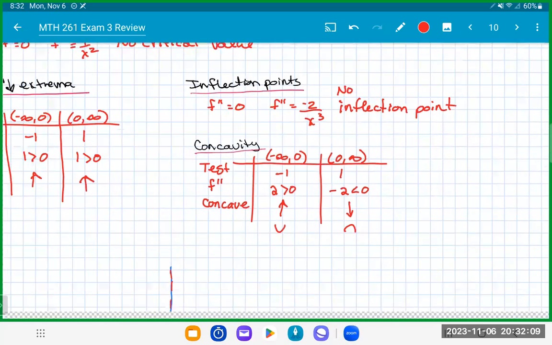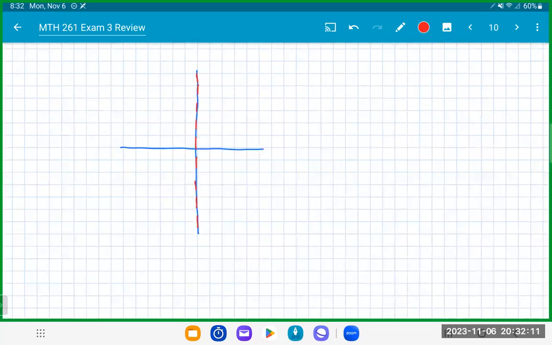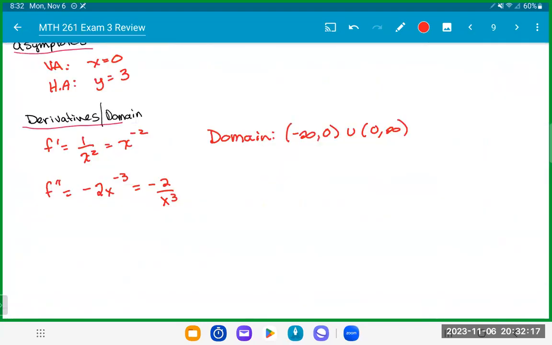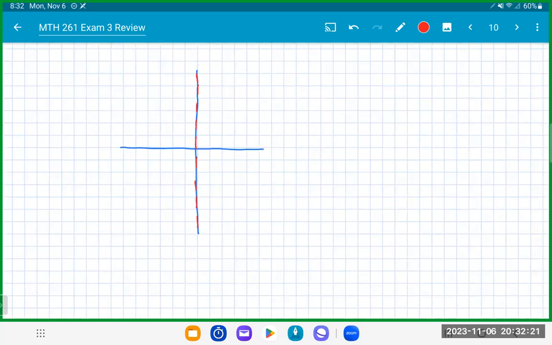And so when we come over here to plot this, we put our asymptotes in at 0. We had x equal to 0 and y equal to 3. So 1, 2, 3. So we have our asymptotes built in here. And so on the interval from -infinity to 0 will be concave up.